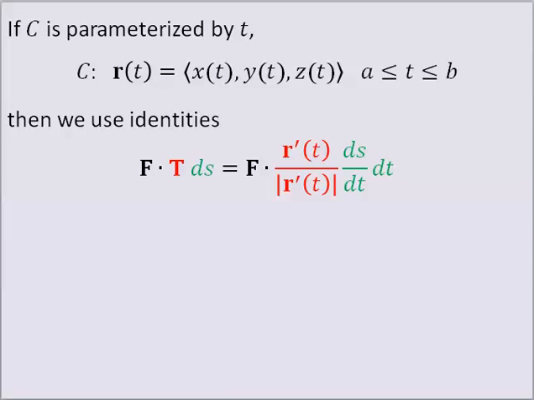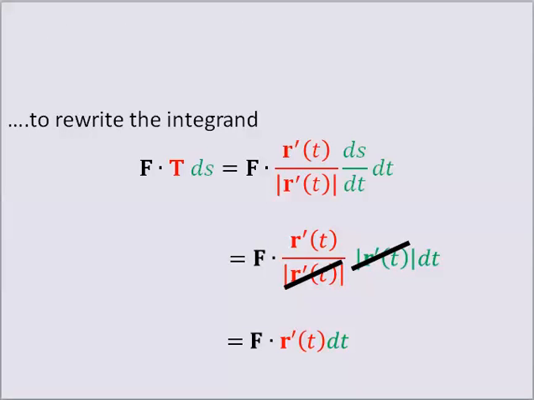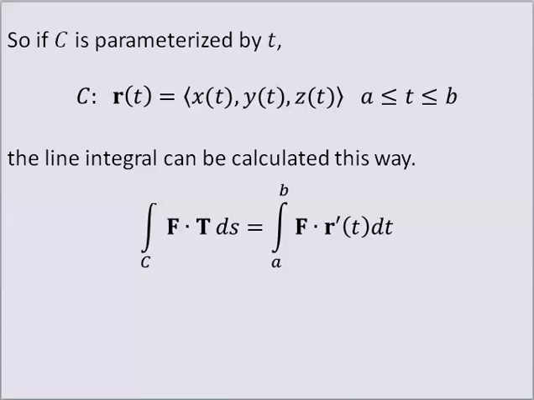If C is parameterized by t, then we use identities to rewrite the integrand. So if C is parameterized by t, the line integral can be calculated this way.